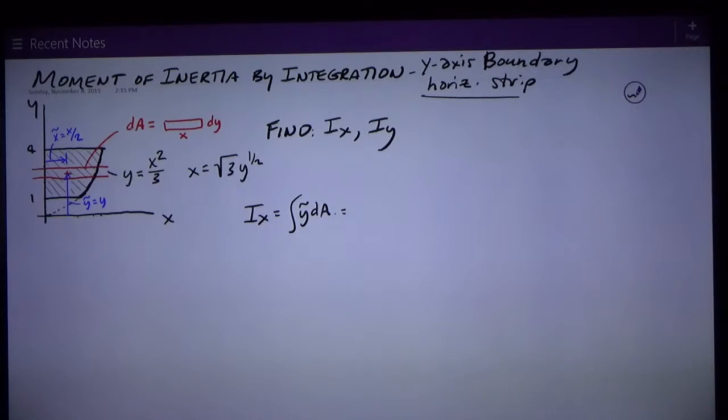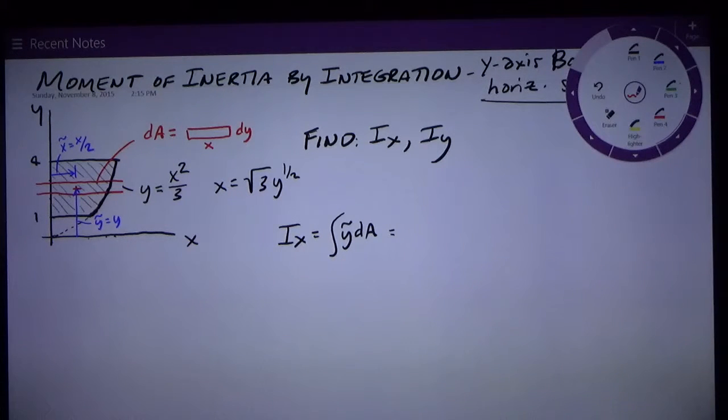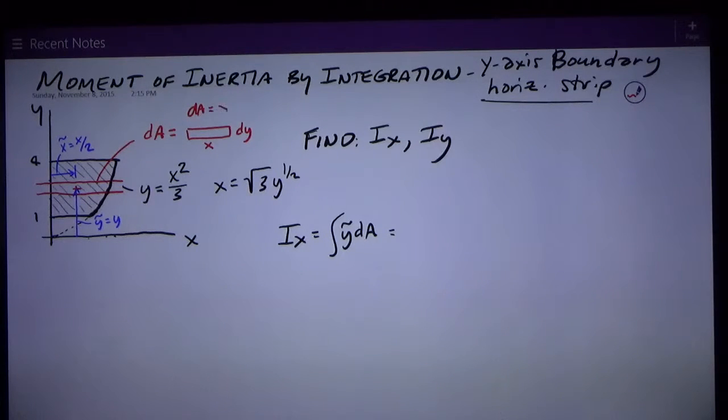Looking at the shape, dA, as I've shown in red, is a horizontal rectangle with a base of x and a height of dy. Therefore, dA is x dy, just the area of a rectangle.